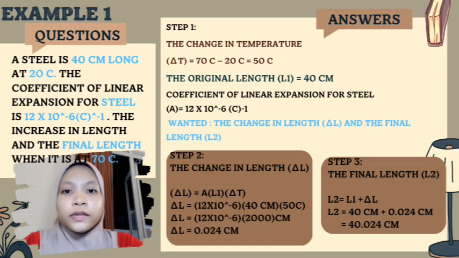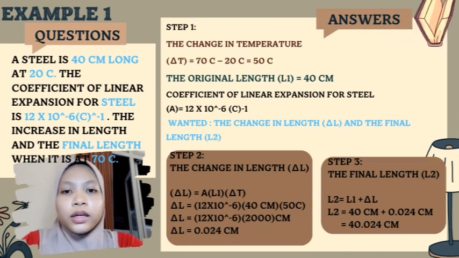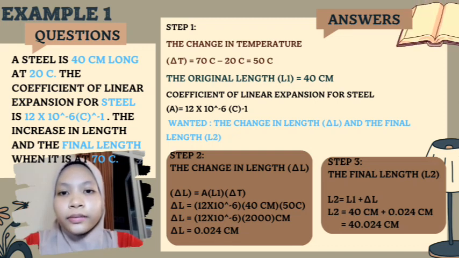So 17 Celsius minus 20 Celsius equals negative 3 Celsius. The original length L1 is 40 cm. The coefficient of linear expansion for steel equals 12 multiplied by 10 to the power of negative 6, referring to the table given. So what does the question want? The change in length and the final length.